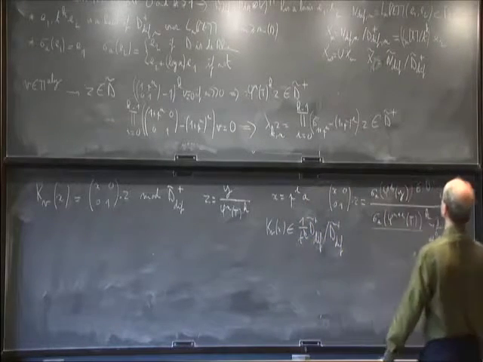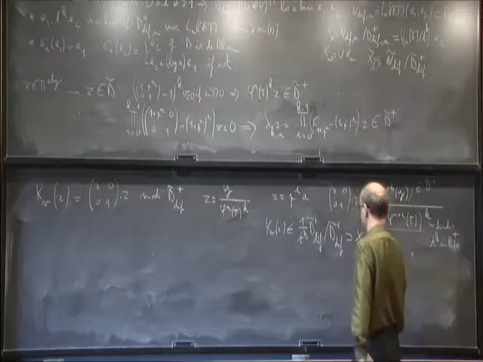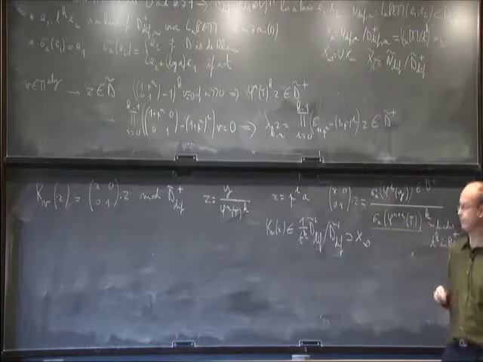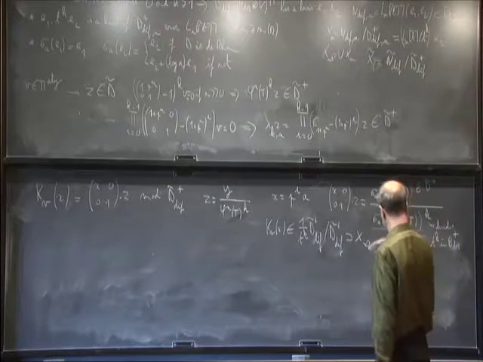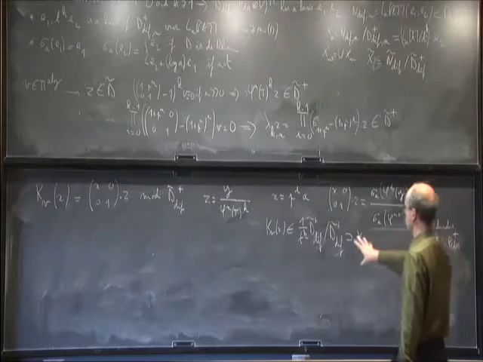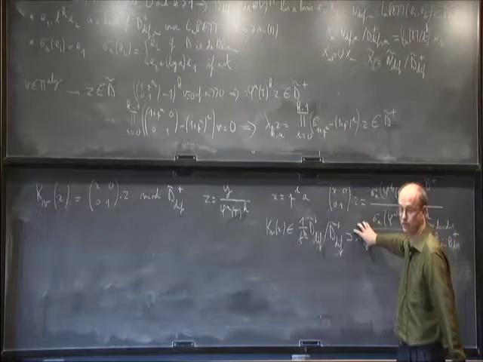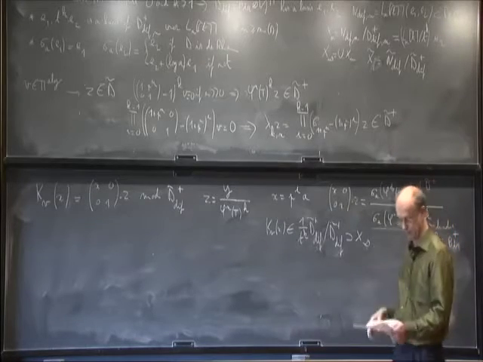And this contains, by definition, our x infinity. So this module would be something of rank 2, and it contains something of rank 1, which is this x infinity.